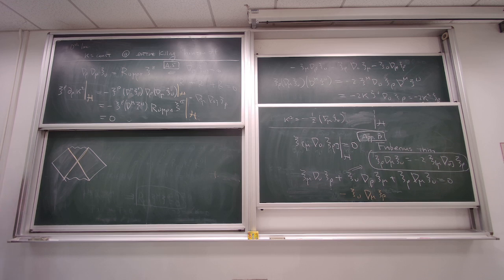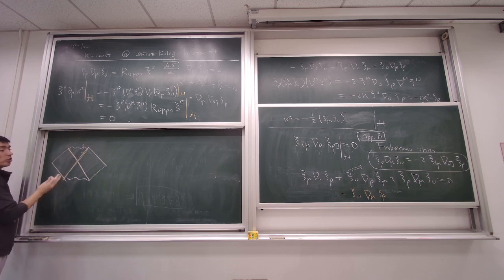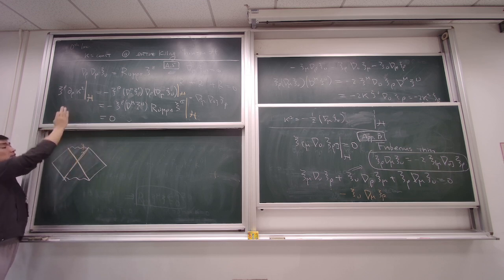And then what we show is that it's constant along it. So K is something like this one, C is something like this direction. So what we show is that along this derivative, kappa square is equal to 0.